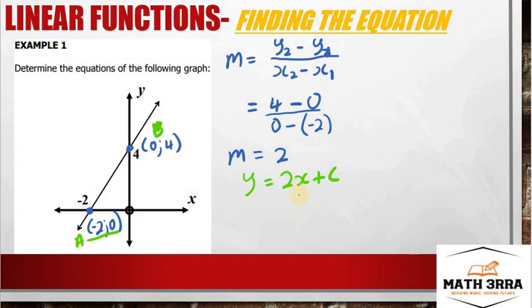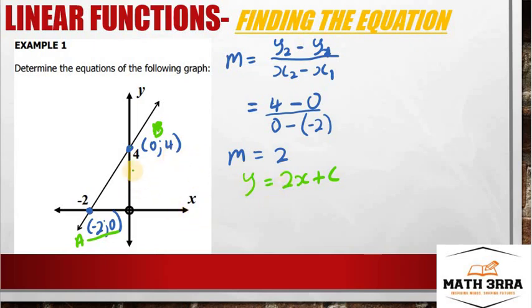If you've forgotten that and you've already determined your gradient, this is another way of finding your c by using any point you know on the graph. By the point you know, I mean the point whose coordinates you know, meaning you know both the x and y coordinate of such a point.